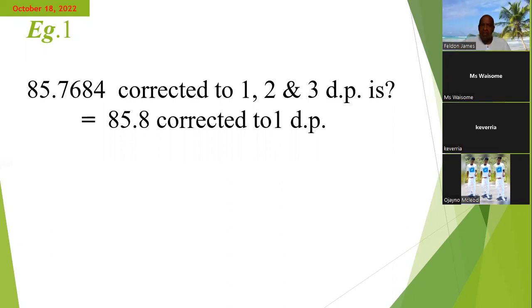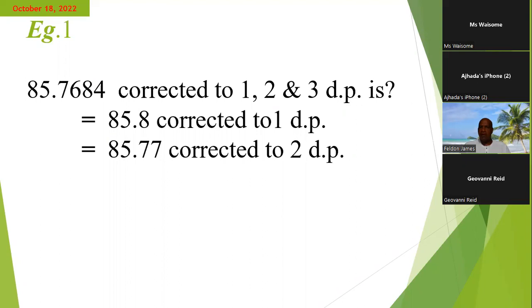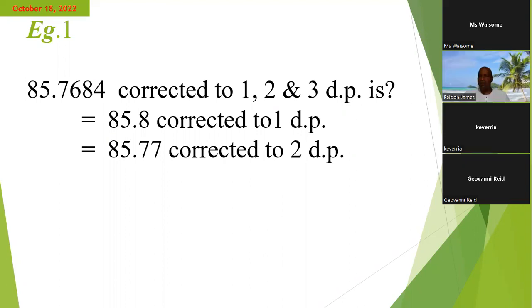So what is the correct answer? Ms. Cabrera, what's the answer? Sir, 85.77. Okay, you sound a little doubtful. Go ahead. So to correct it to two decimal places, it will be 85.77.